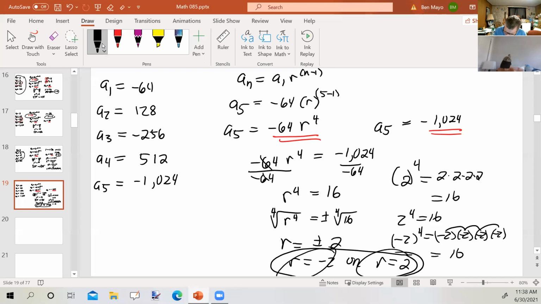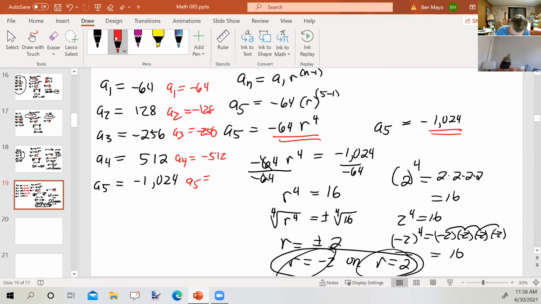Well, let's see what happens if we try the other one. Okay, let's try that one in red. So if a sub 1 is -64, -64 times 2 would be -128. -128 times 2 would be -256. -256 times 2 would be -512.